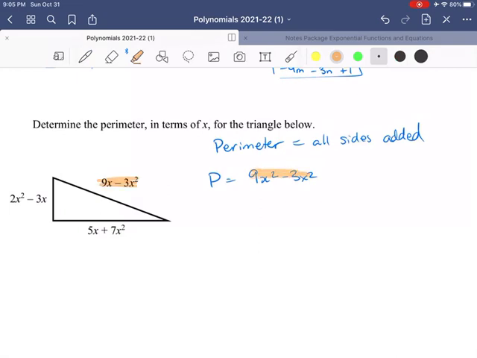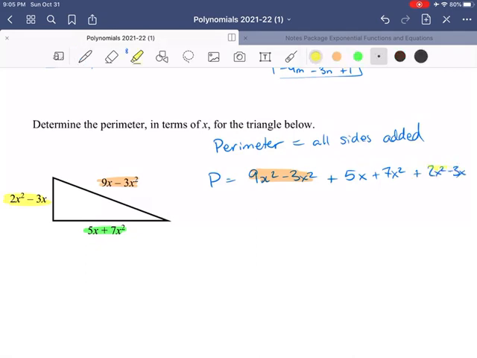And then we're going to add that to 5x plus 7x squared. And we're also going to add that to the 2x squared minus 3x.